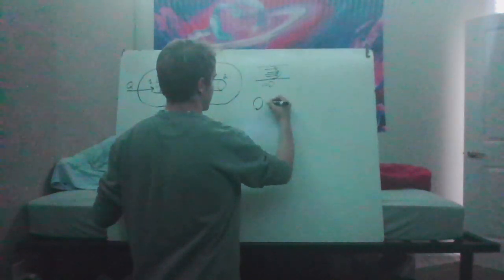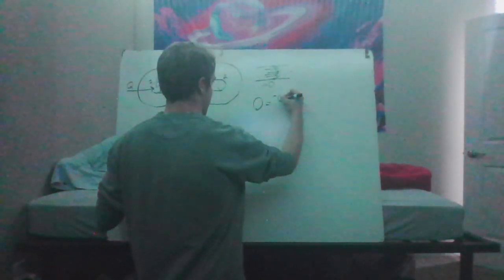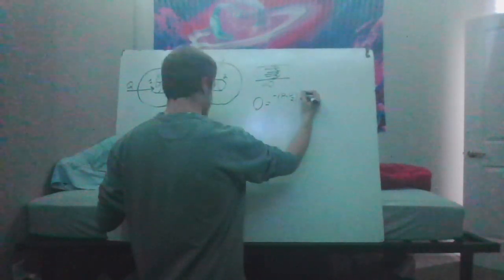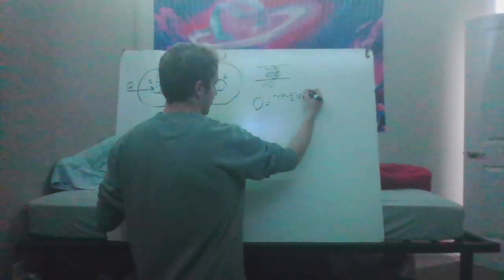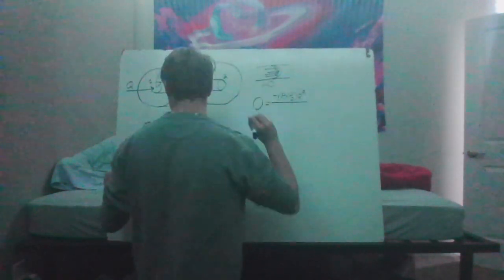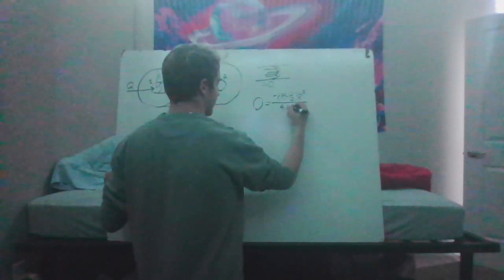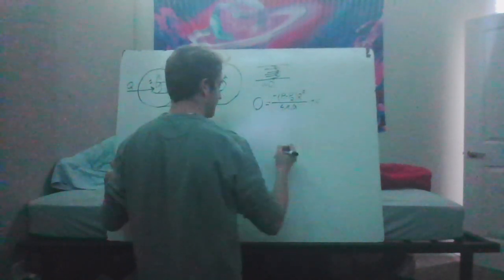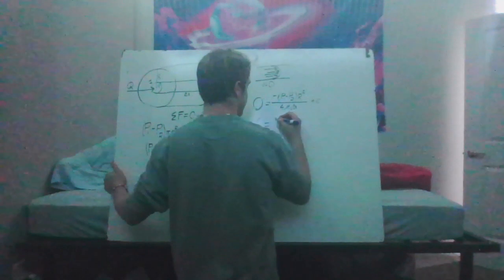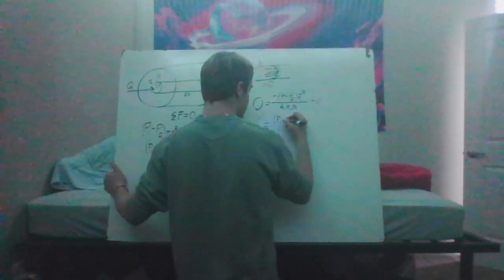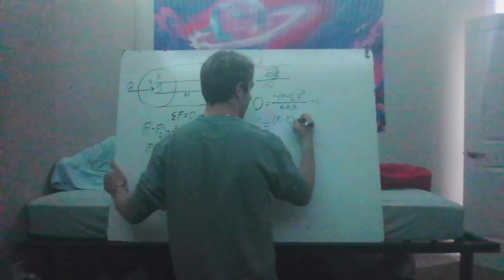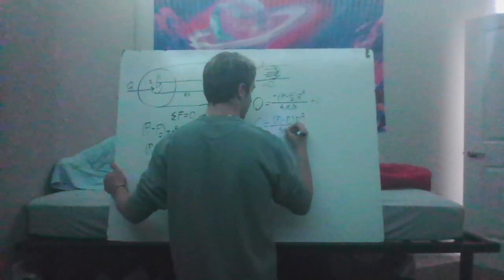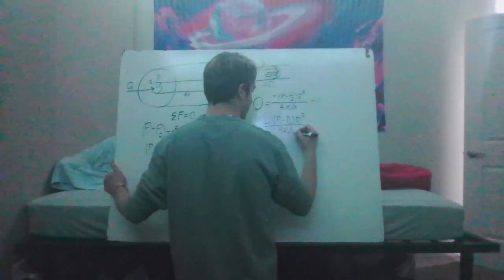So 0 will equal negative (p1 minus p2) and then big R squared, since it is the outer radius, over 4 mu delta x, plus c. So that means that our c will be equal to (p1 minus p2) big R squared over 4 mu delta x.